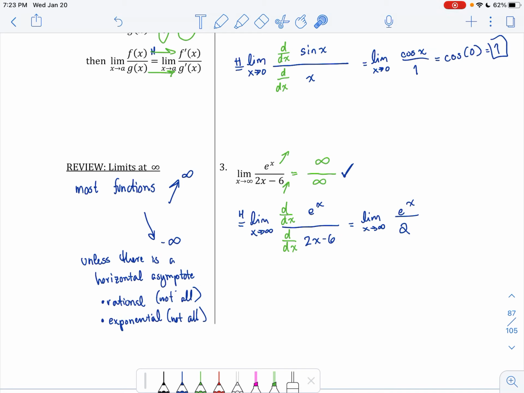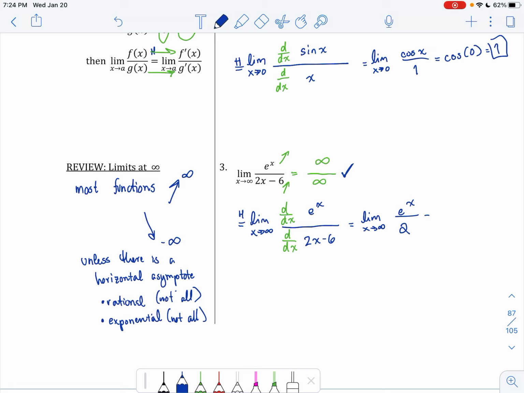Now you can imagine if this was like x squared, there would be a 2x in the denominator. Same result would occur. You can just do L'Hopital's a couple times. There's no reason to say that you cannot use L'Hopital's rule several times until one of the functions no longer equals 0 or equals infinity.